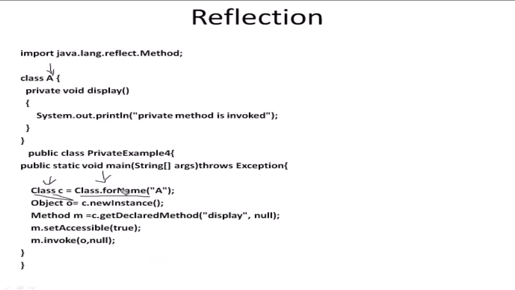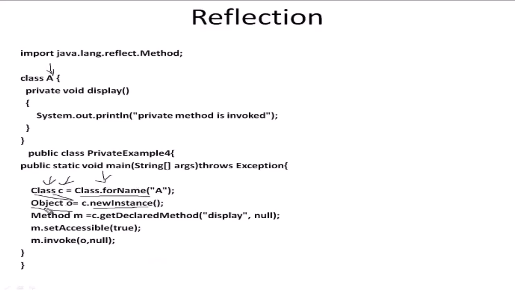Class C may not be present, but we are going to interrelate. This is a class name, forName equal to A, so that C will be taken into instance. Now we are going to create an object O equal to C.newInstance. Here we have created a class C, and class C is interlinked by class A. Here you are having a class A.